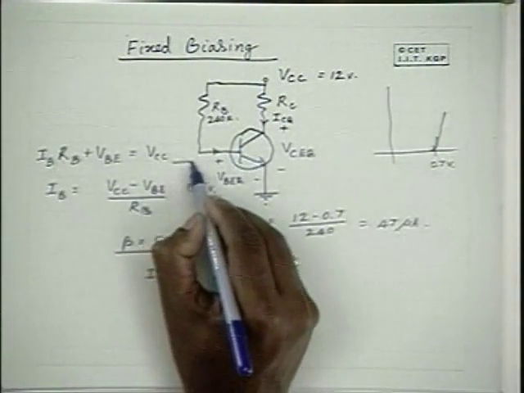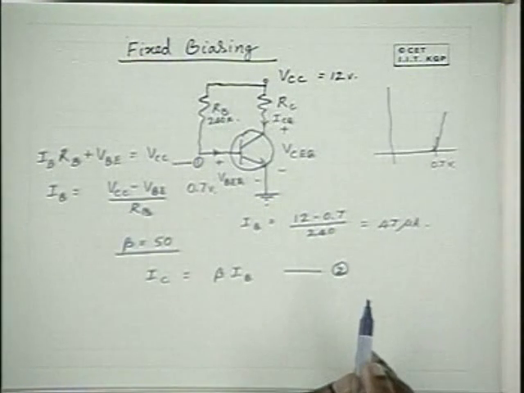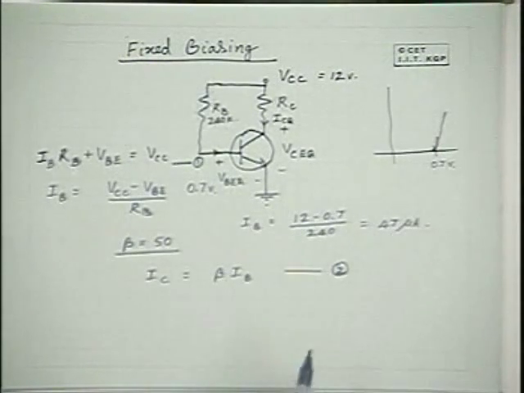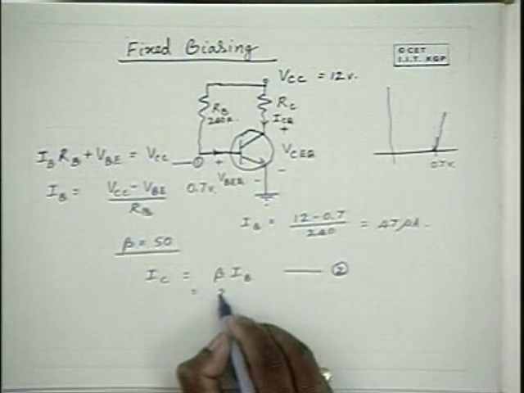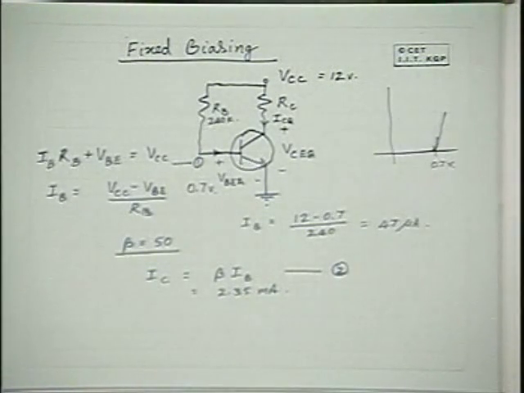This is our equation 1, this is equation 2. So with this relationship, 50 into 47 microamperes is equal to 2.35 milliamperes, which is the collector current.